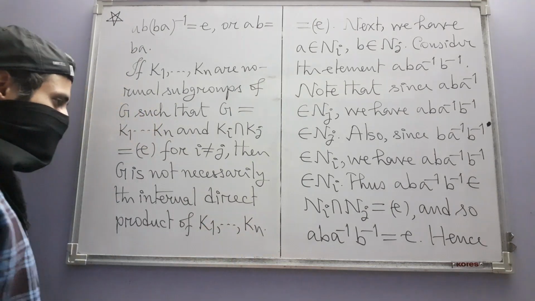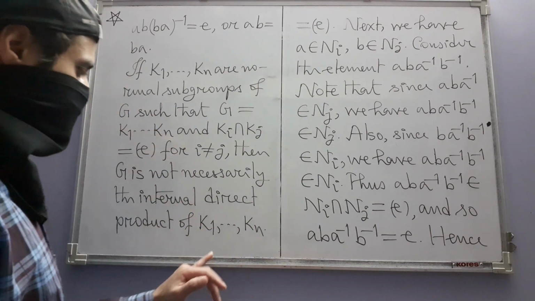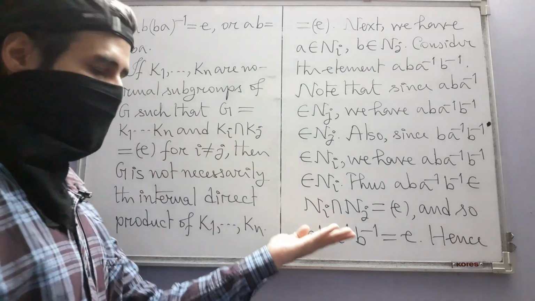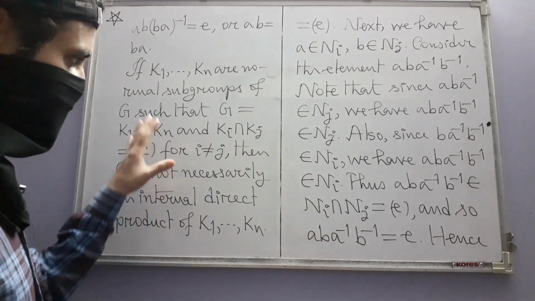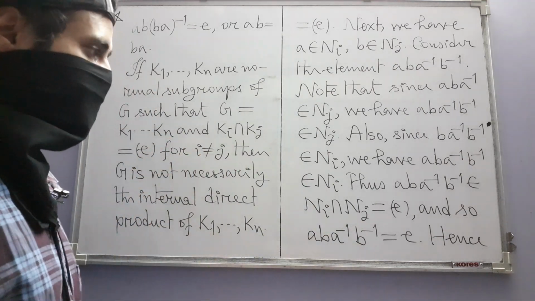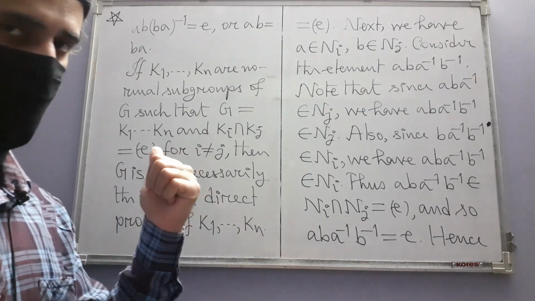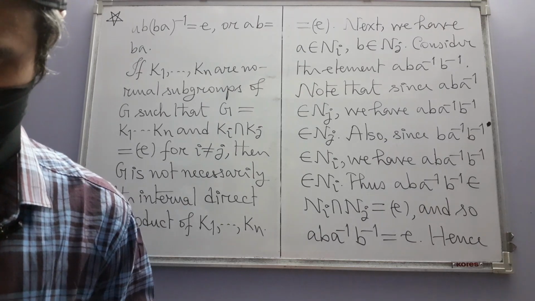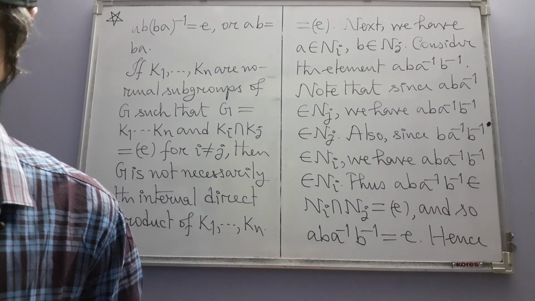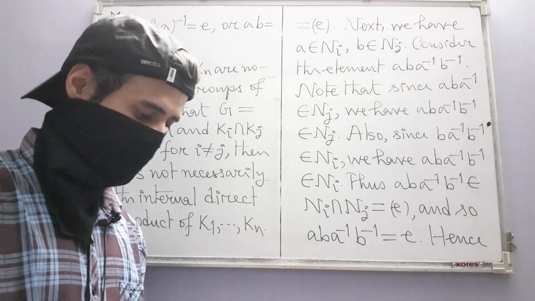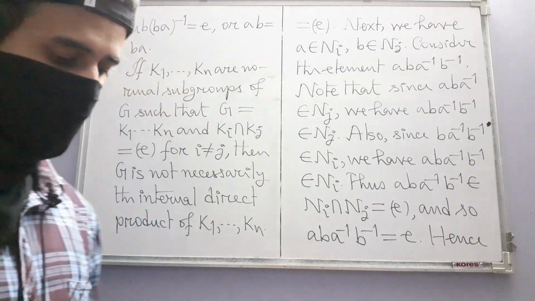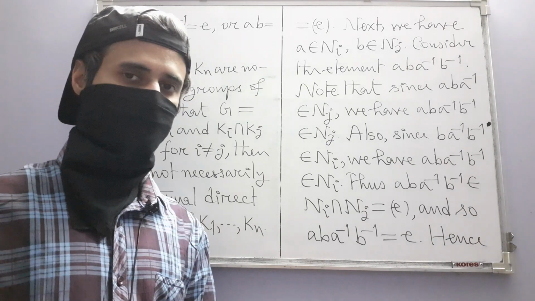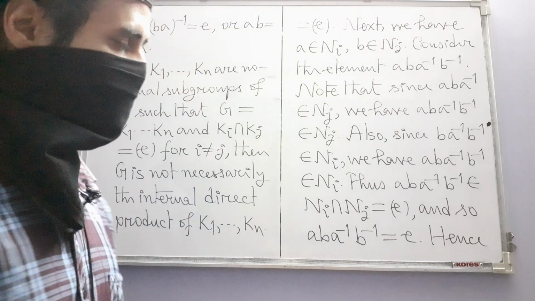The subgroups are normal, G is their product, and this condition is also true. However, all of these things still are not sufficient to give us internal direct product. And a failure of this converse we are going to see in exercises 8 and 9 of this section.